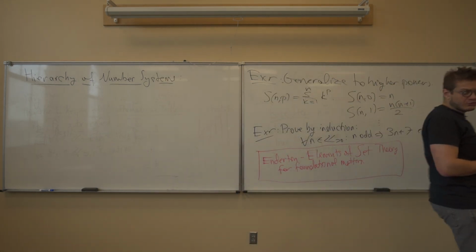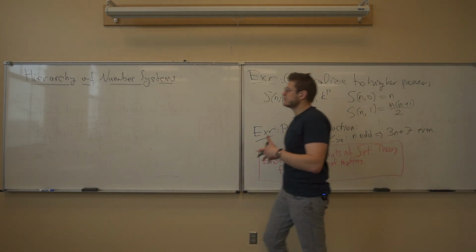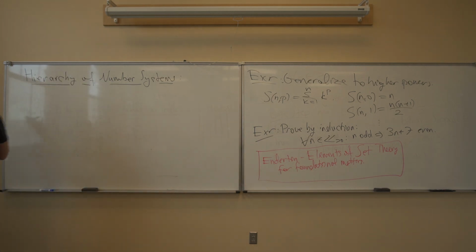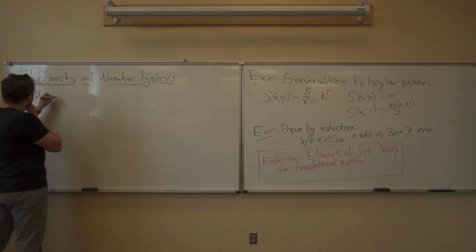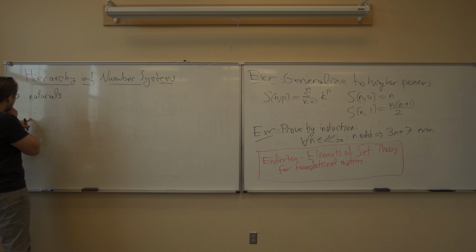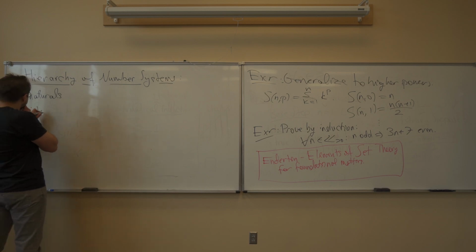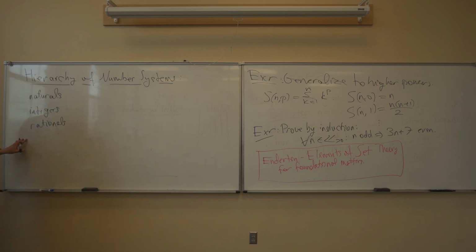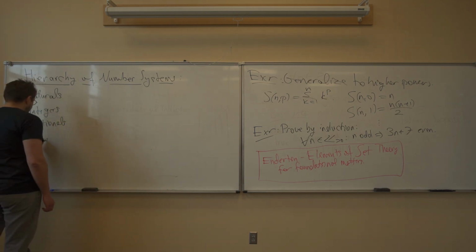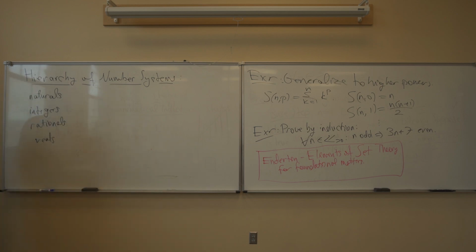You've already been using these operations, of course, but from an abstract point of view, it's good to single out: this is the operation, that is the operation, and so on. Now, you start with naturals. Then you go over to integers. Then rationals. Then reals. One thing that's going to be important for us is what is called the extended reals.